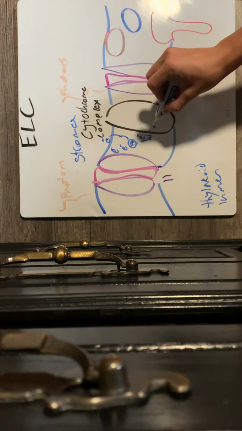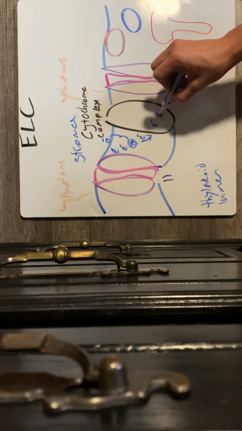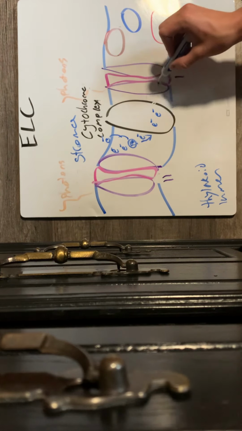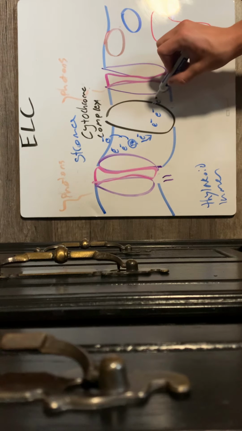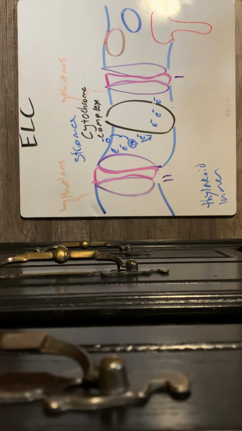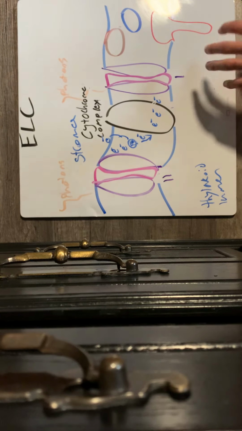And these electrons keep going until they get to photosystem 1.